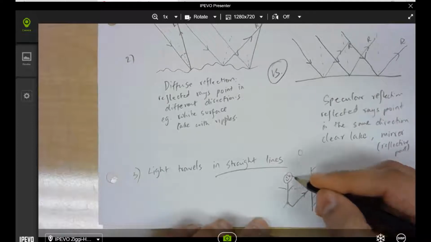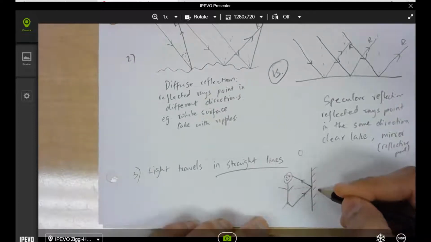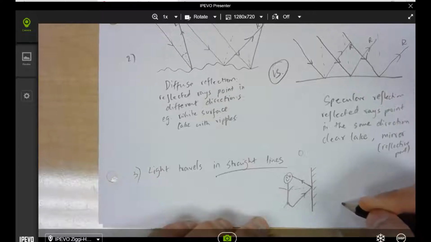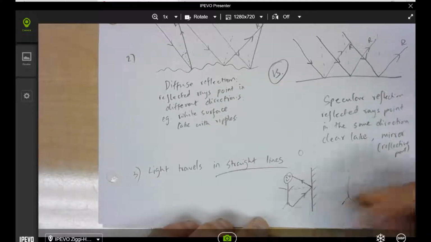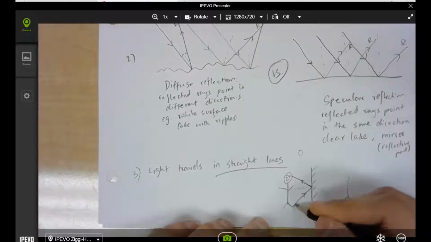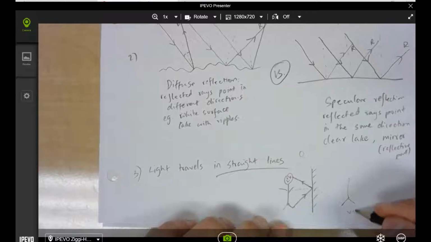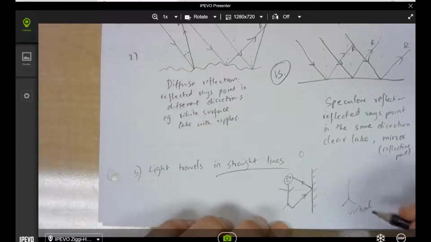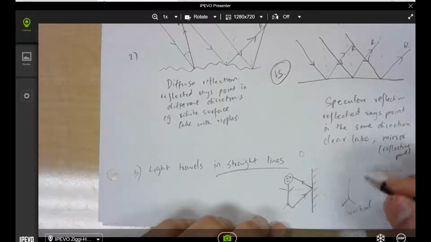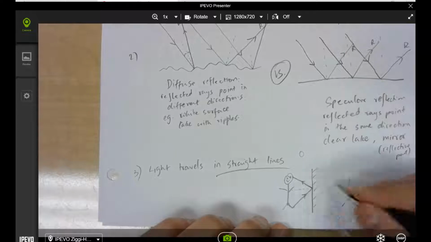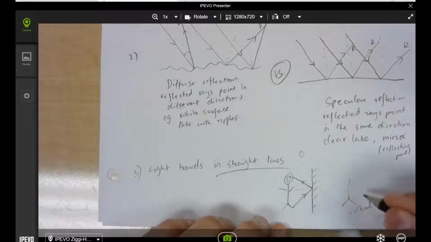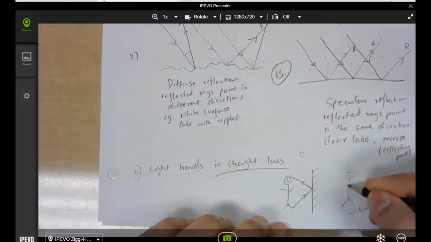It thinks that light travels in a straight line, which is why we extend this backward and see our feet inside the mirror instead of seeing the image of our actual feet. We see a virtual image. So there are two sets of feet: our actual feet, and then the feet inside the mirror. Again, we'll talk a little more about this. There's a little more to this diagram, which I'm not drawing as of now.